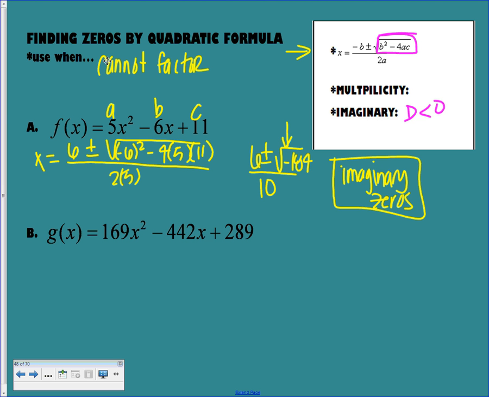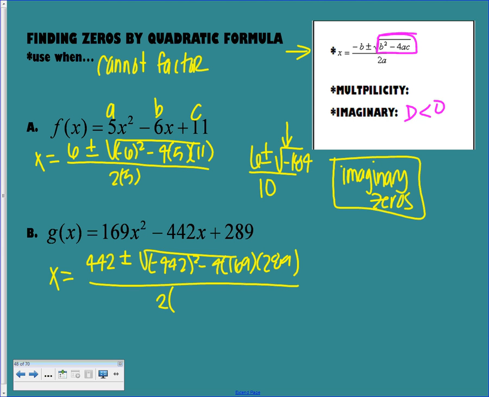If we look at example B here, 169x squared and so on, again, if you try to factor that, it's not going to get you anywhere. So let's use the quadratic formula again. We'll have x equals the opposite of b, so 442, plus or minus the square root of b squared, negative 442 squared, minus 4 times 169 times 289, all over 2 times 169.